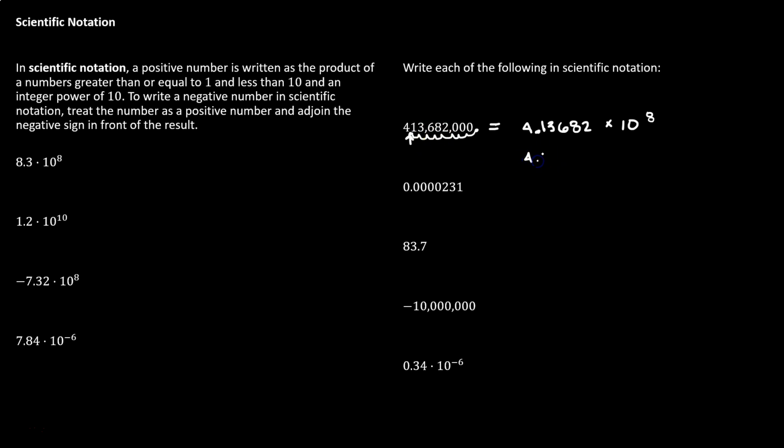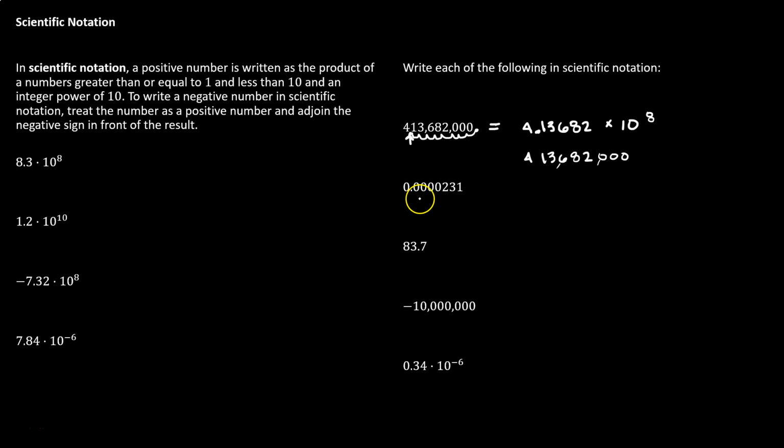If I were to move my decimal 8 times to the right, 1, 2, 3, 4, 5, 6, 7, 8, and fill in any zeros for placeholders, do I get my original number back? I sure do. So when you're doing scientific notation, the first thing you do is locate where the decimal needs to be, then copy down your digits, and then figure out what exponent your 10 should have so that when you multiply your decimal number to your power of 10, you get your original number back.